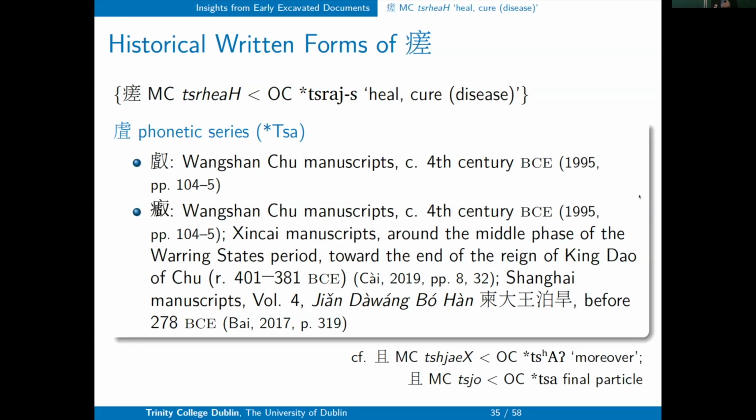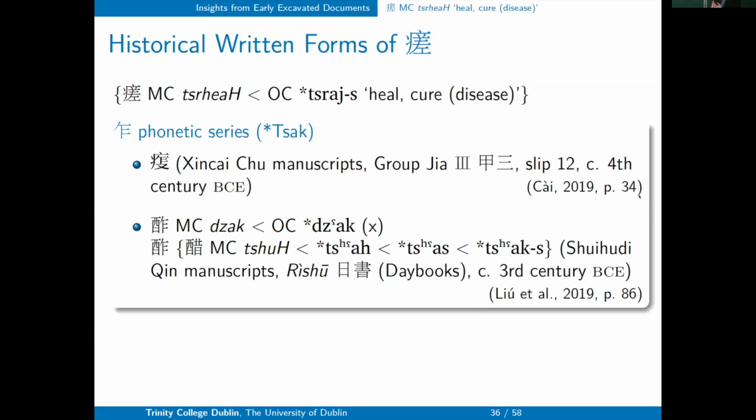So we can also find there is a contradiction here. The word should be reconstructed as an I word in Old Chinese, but was written with an Aram group phonetic. Additionally, this word was also written as a character in the Zuo phonetic series, which should represent that in Old Chinese.